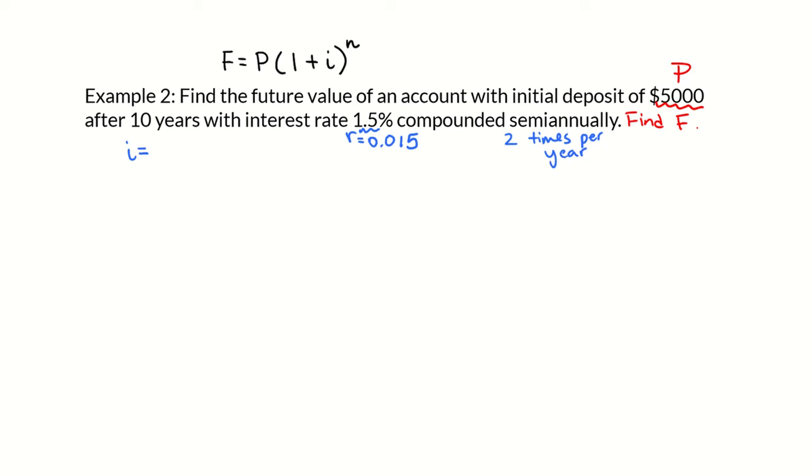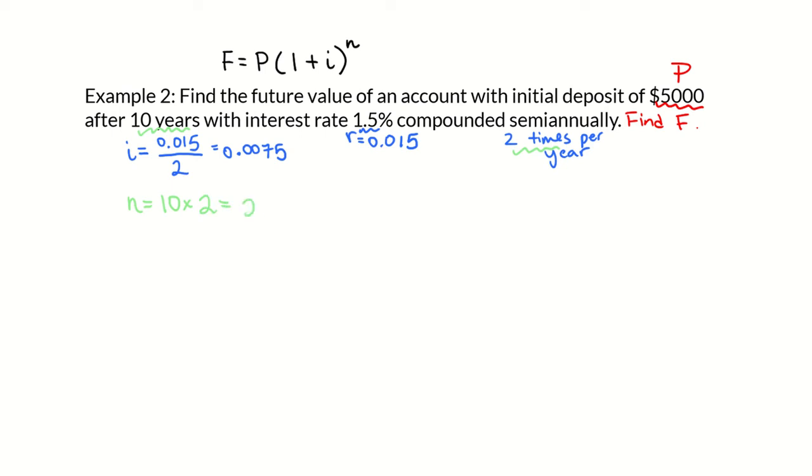So the interest rate I is 0.015, or the R, divided by the number of times per year, so divided by 2, which is 0.0075. We also need N, the number of compounding periods, which is the number of years, which is 10, multiplied by the number of times compounded per year, which again is 2.